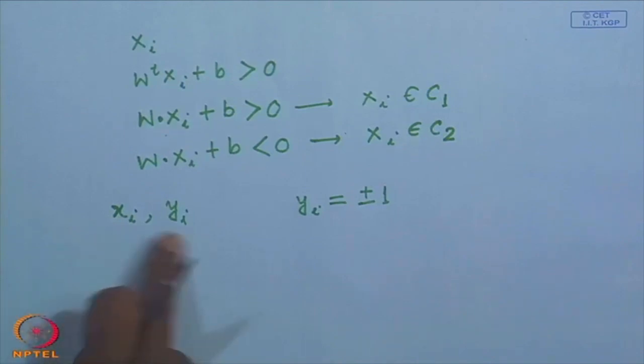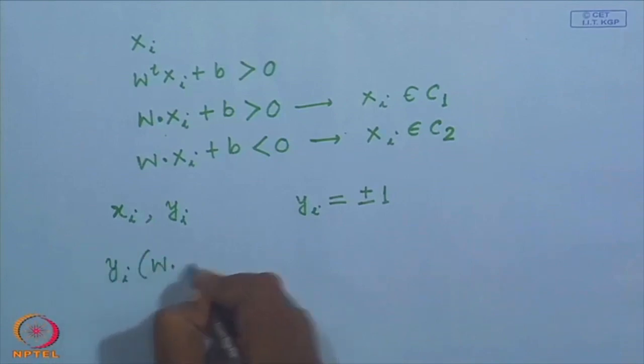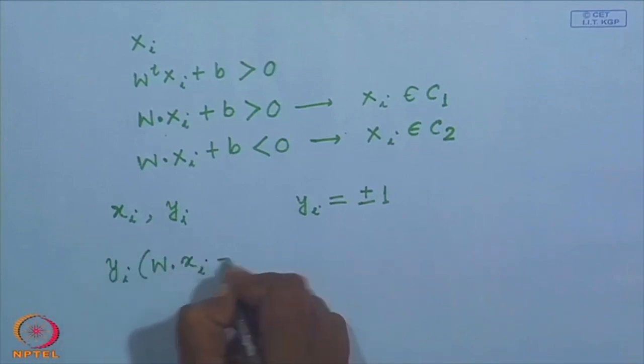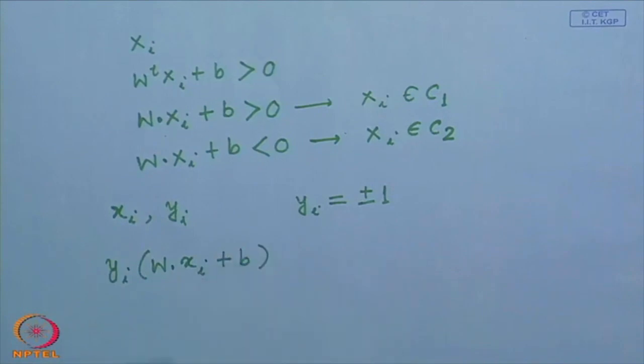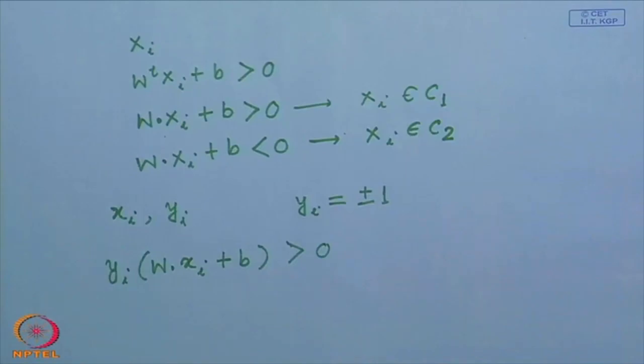And if I feed the data in this form and I compute y_i into (W dot x_i plus b), this will always be positive, irrespective of whether x_i belongs to class C1 or class C2.